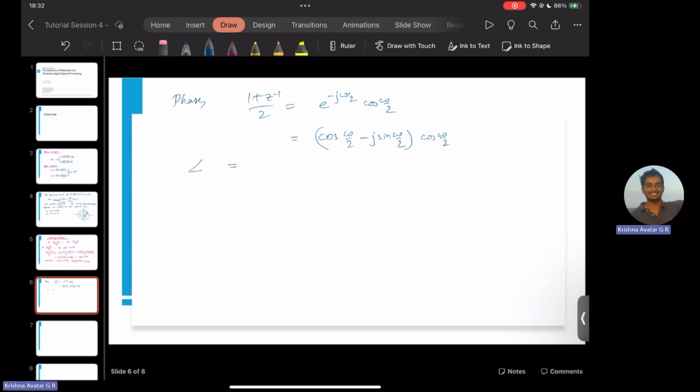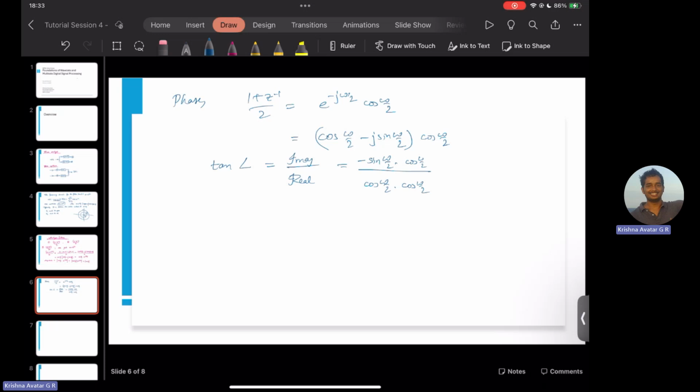So the angle will be equal to, at first, we can have something called a tan of the angle. And tan is given by the imaginary part divided by the real part. The imaginary part is going to be minus sine omega by 2 into cosine omega by 2, divided by the real part, which is again cosine omega by 2.